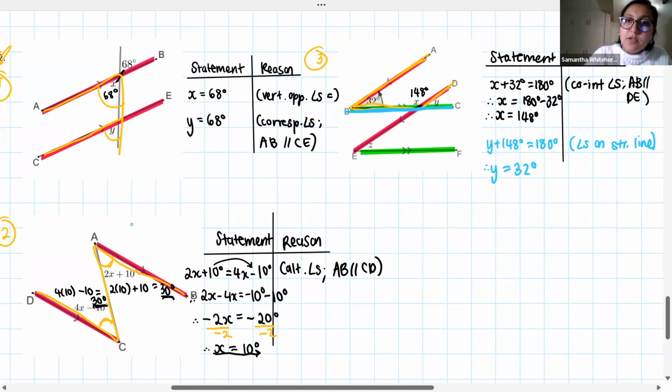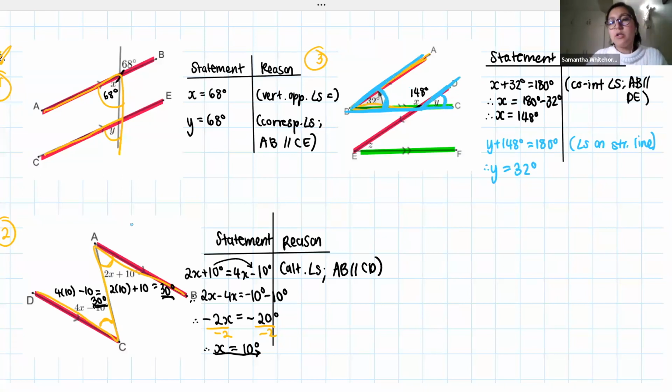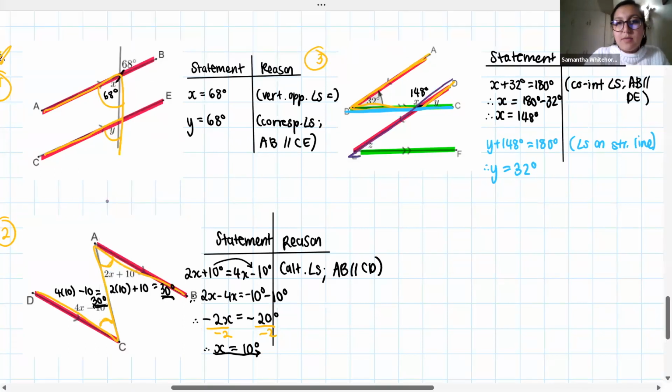Now guys, you didn't have to use that. If you have a look here, you've also got an F shape, which means Y and 32 are corresponding angles. So that's an alternative reason that you could have used, corresponding angles. Finally, we have Z that we need to find. If we look at our diagram, we've got a lot going on, but we see that we have this upside down, sideways F shape that I'm drawing terribly here in purple.